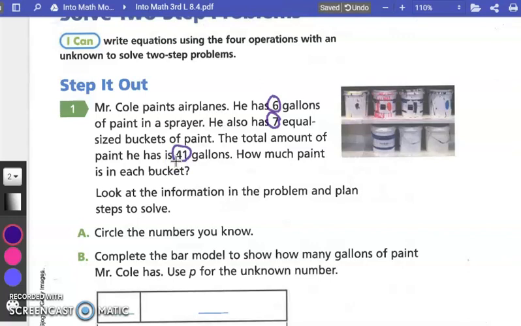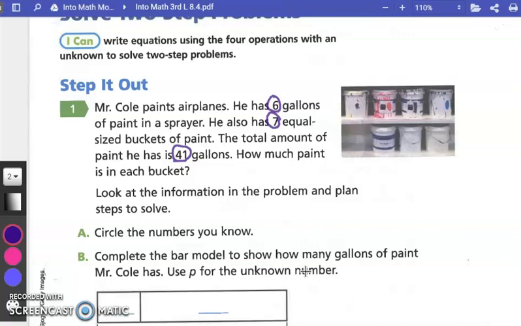Complete the bar model to show how many gallons of paint Mr. Cole uses. Use P for the unknown. He has 6 gallons of paint in a sprayer. He also has 7 equal buckets. So this is really not like yesterday when it kept giving us the total amount.